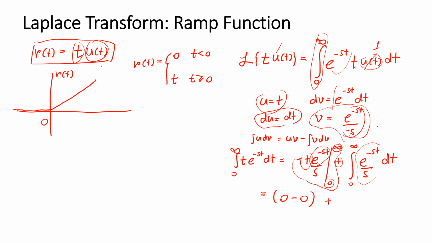And for the second term, again we have e to the power minus st dt for the integration, but s can be considered as a constant now. So we have 1 per s times the integral of e to the power minus st dt, which gives minus 1 per s squared, and the limit of integration is from 0 to infinity.